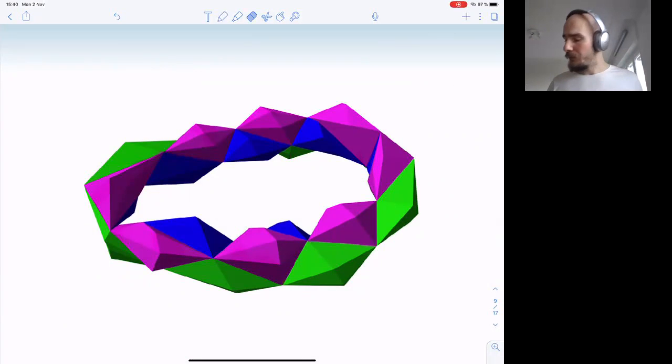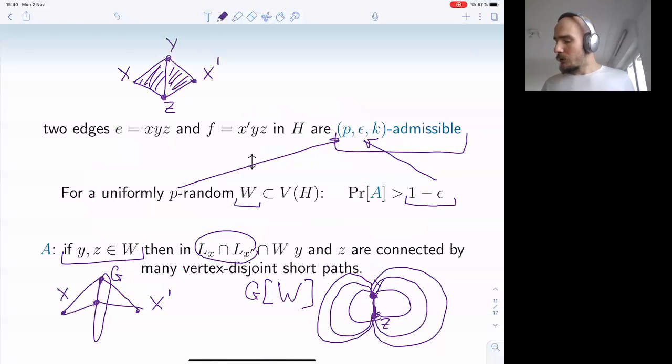So this is the idea of the saturation here. The main point, I guess, is that we want to find some very robust version of the statement that Brown, Erdős, and Sós were using. So not just one double pyramid, but lots of double pyramids that can be guaranteed even in random subsets.